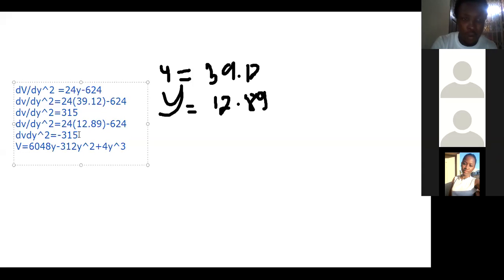Now we know that this is the y for which the volume will be maximum. So we substitute this y value into it to get our maximum volume.